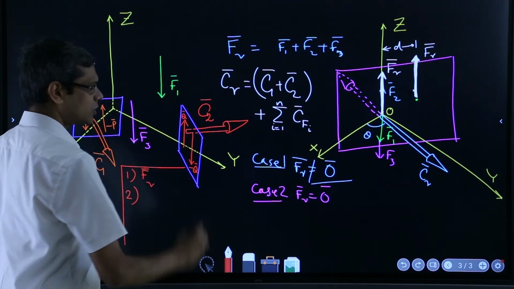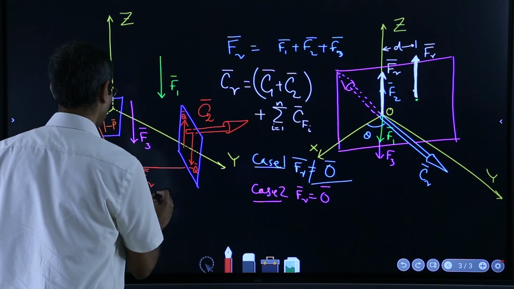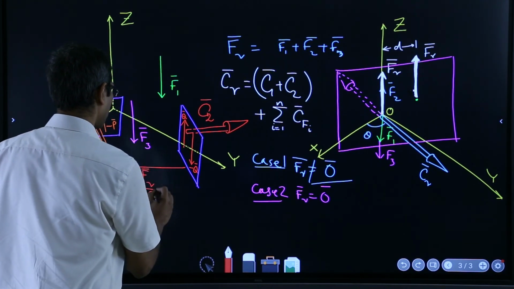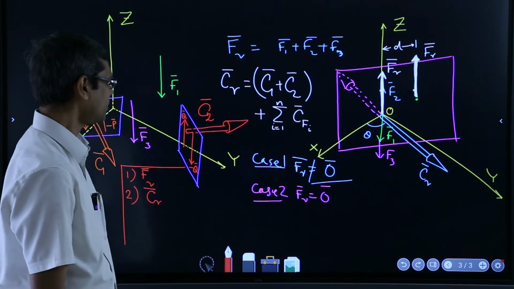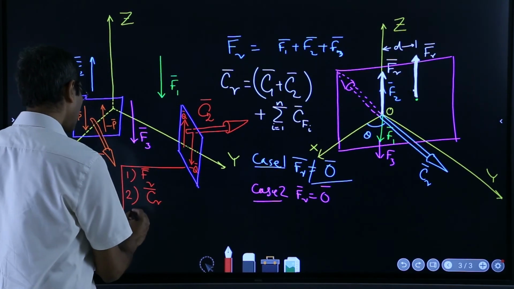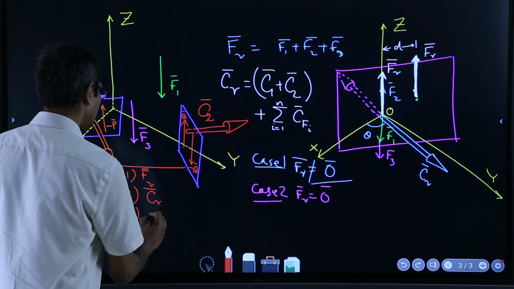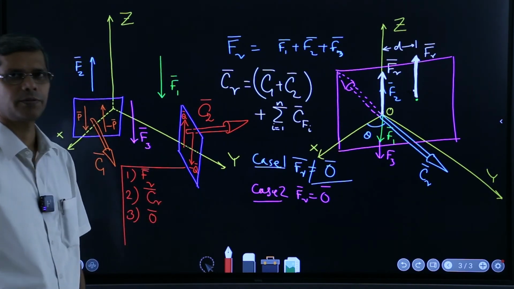Similarly, case 2 will happen when Fr equals 0, and there we will get a single couple moment Cr. And if both are 0, again we will get the null vector, 0 vector.